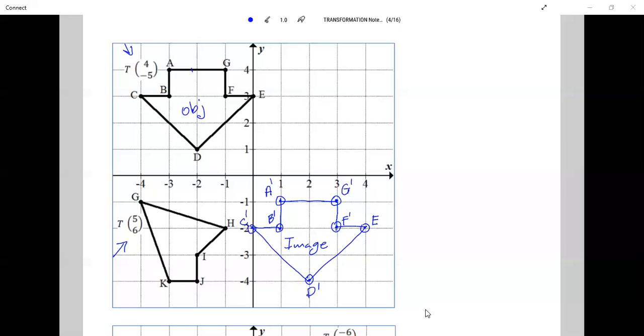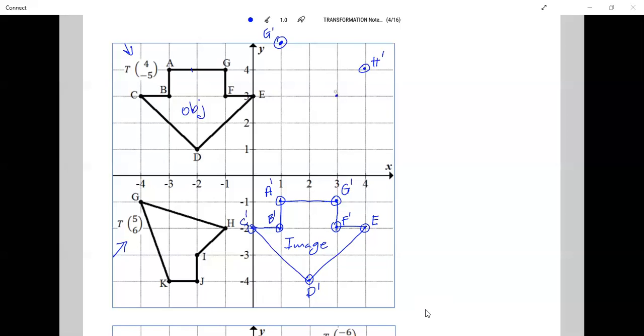I could do a similar thing with the shape at the bottom, 5 units right and 6 units up. I could just move one point. If I move G, it's 1, 2, 3, 4, 5 right, 1, 2, 3, 4, 5, 6 up. This would be the new position of G, G prime. Now after I move that, if I'm smart enough, I don't need to do anything special to move the others. 3 right and 1 down, this would be the new position of H, H prime.